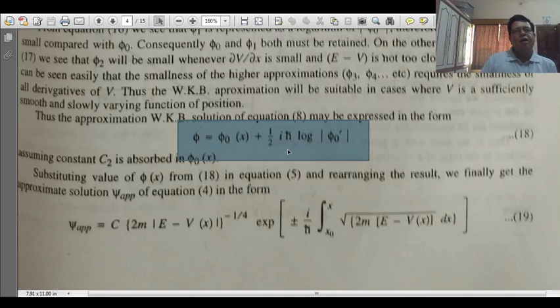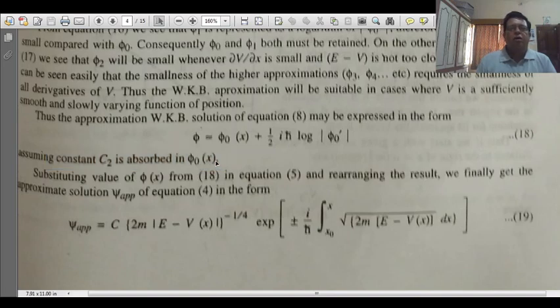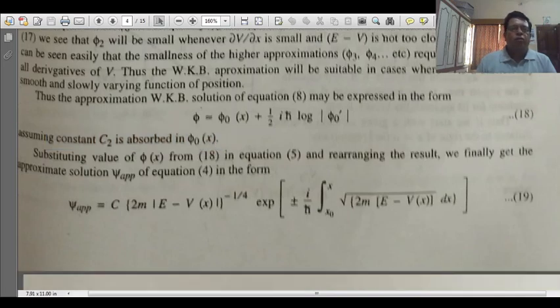Here, the constant C2 is absorbed by phi 0. That means we incorporated the constant C2 in phi 0.